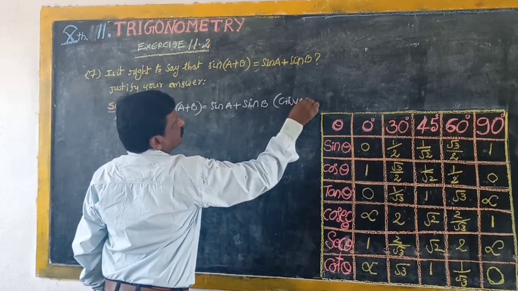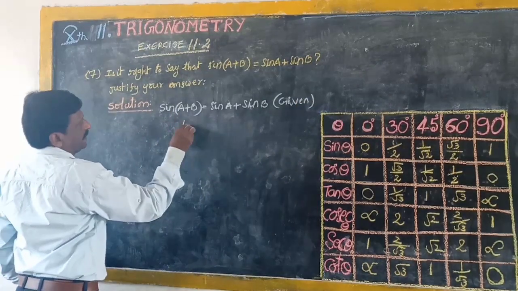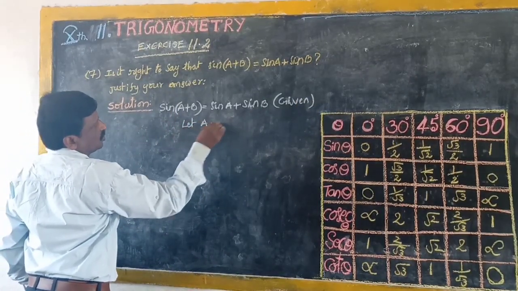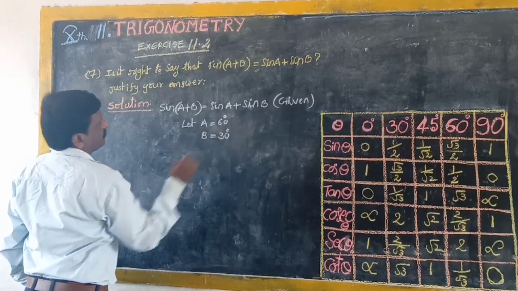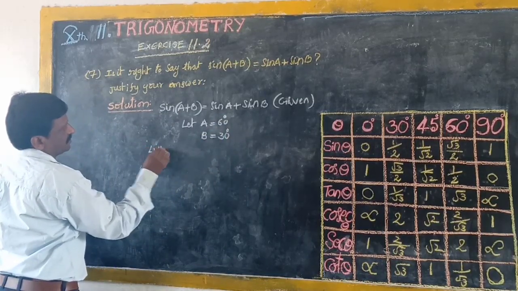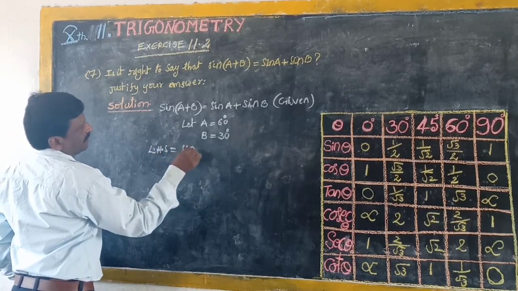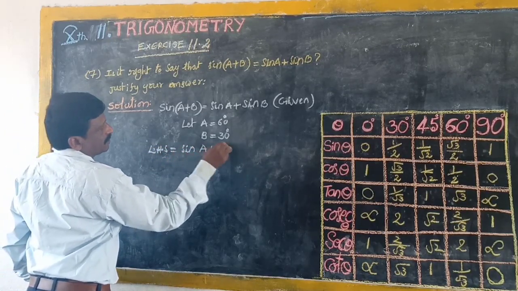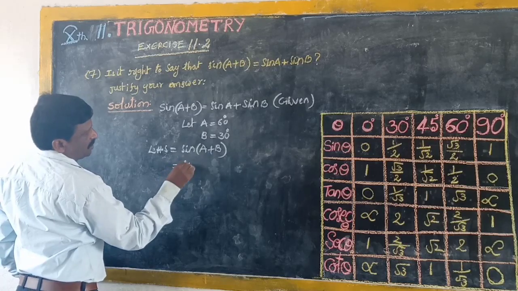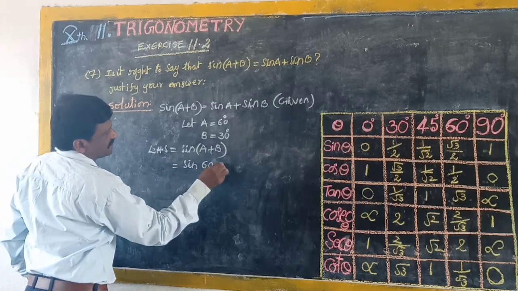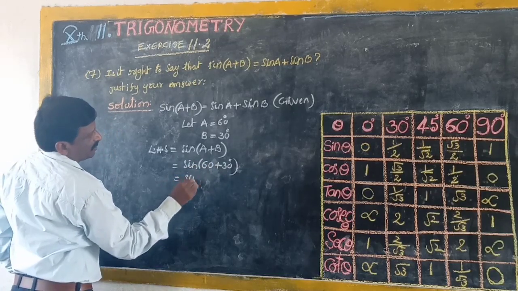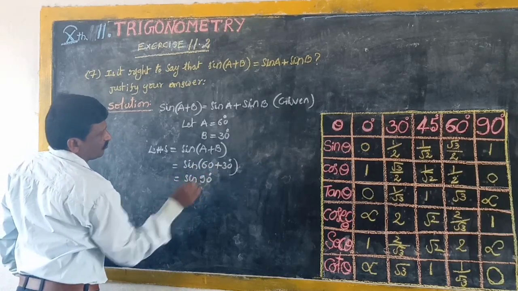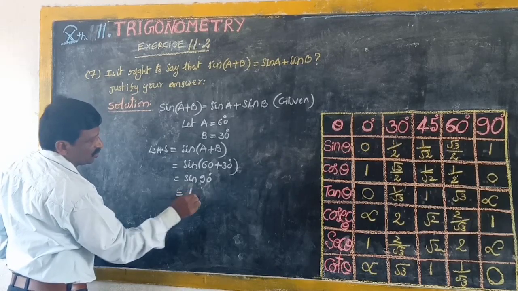Given, let A is equal to 60 degrees and B is equal to 30 degrees. LHS: sin(A plus B) is sin(60 plus 30), which is sin 90 degrees. So sin 90 is equal to 1.